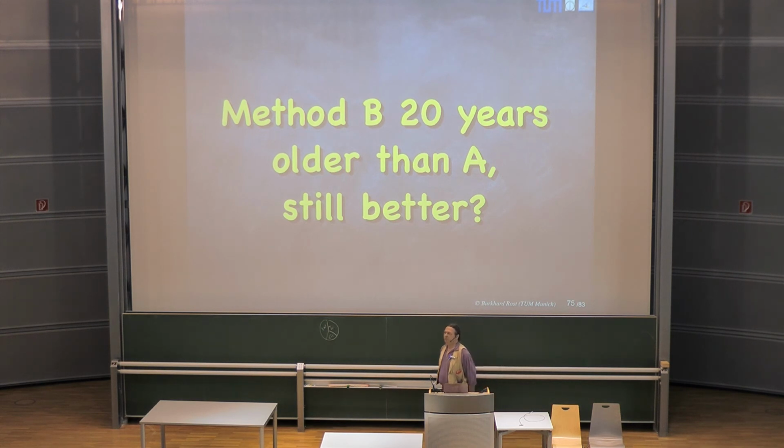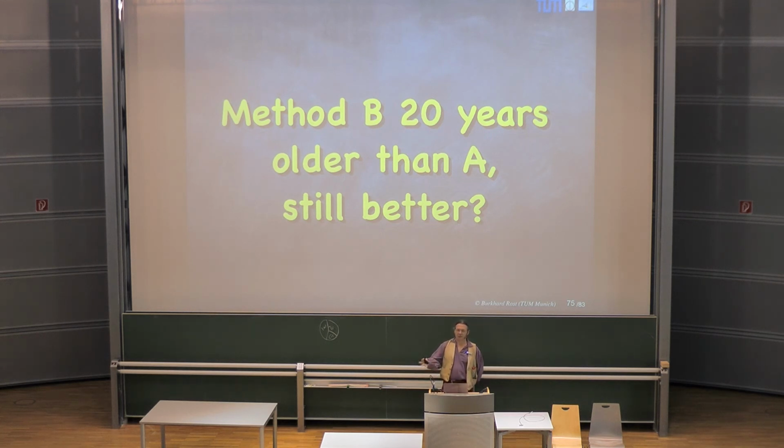But let's assume method B is 20 years older than A. I'm trying to publish A. Is it still better? So I previously tried to publish B. Now I'm trying to publish A, just for the sake of the argument. So again, B is 63, A is 60, and I'm arguing, well, listen, my method is new, the other one is old.